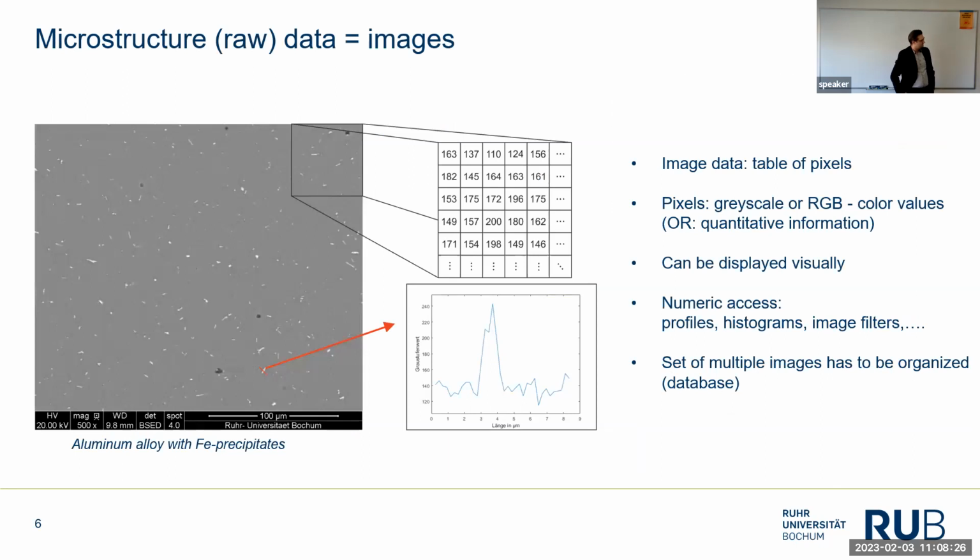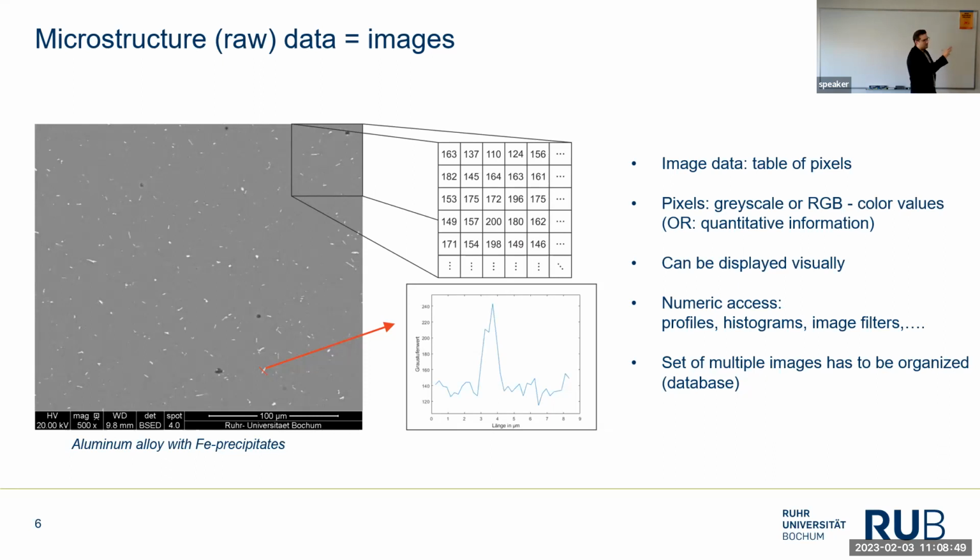So before we start, let me remind you what the raw data of microstructure actually is. The microscopes provide us with images, but an image in the computer world is nothing else than a table, right? It's a table of pixels, and when the number is small, the pixel is dark. If it's high, the pixel is bright.